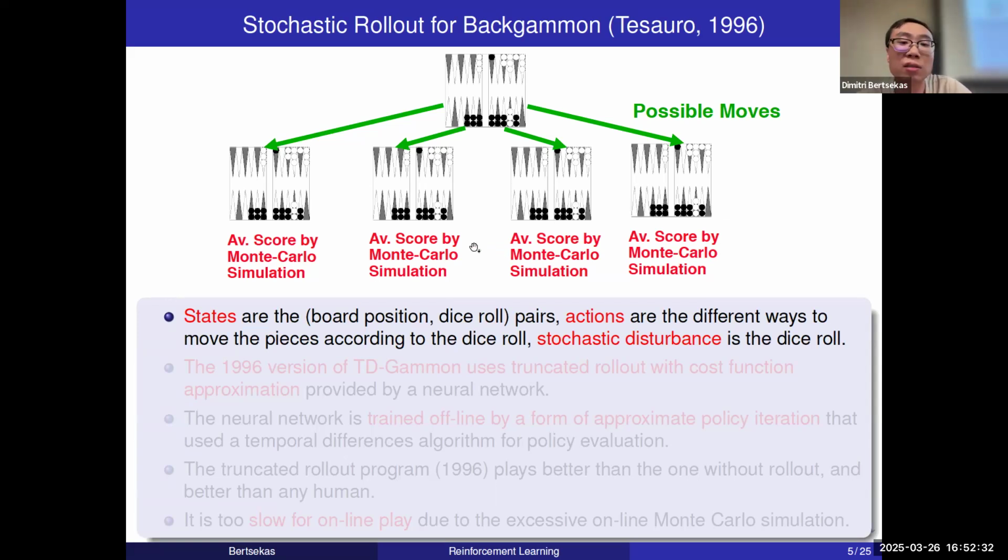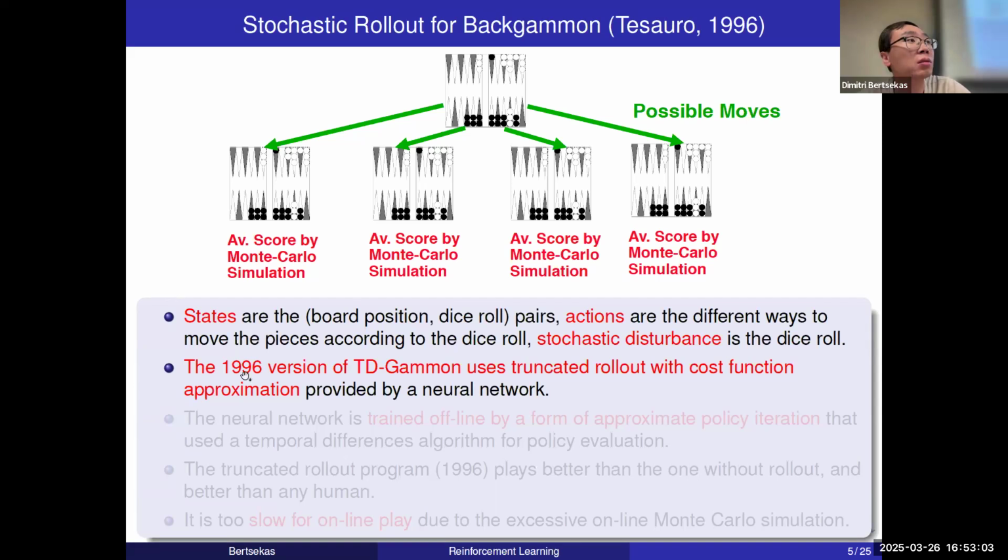In addition to that, after you make the move, the opponent, even though it's a fixed opponent, will roll the dice as well, which means for the dice roll there are 30 different situations. So 30 times 40, you have a 1,200 branching factor, which is quite large, right? And as a result, this is a quite challenging problem.